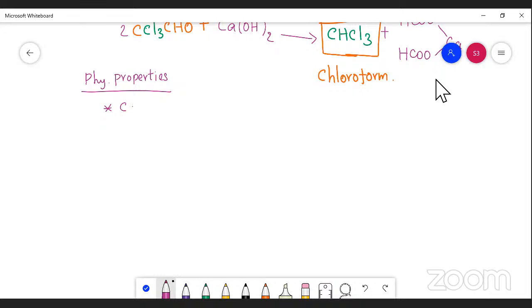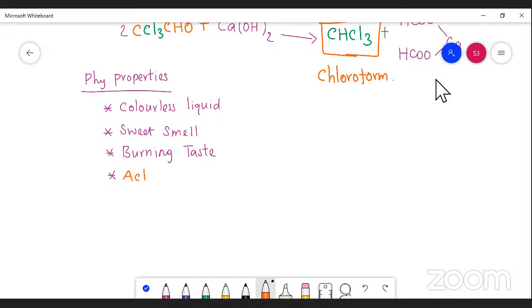It is a colorless liquid with a sweet smell, considered as a sickly smell, and it has a burning taste. And it acts as an anesthetic.